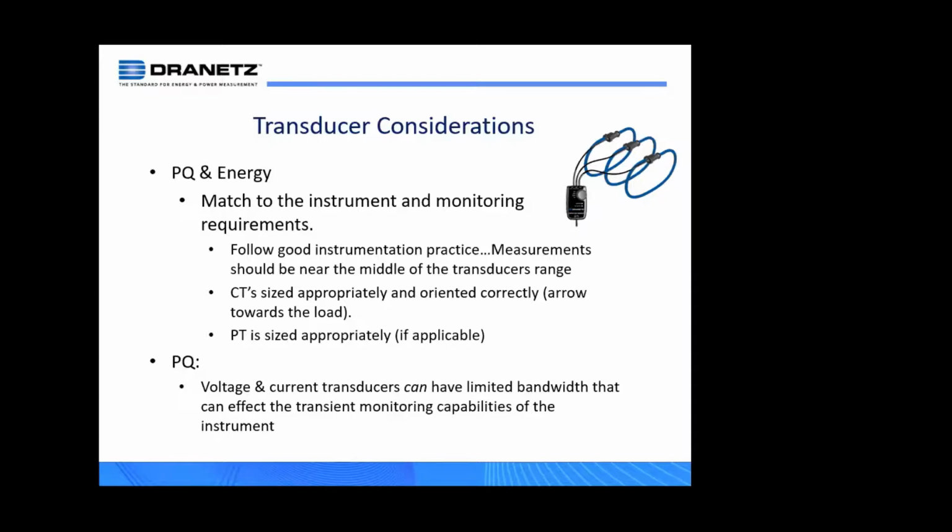In fact, the rule of thumb that you would use, and what our instruments do, in particular Adranus instruments, to identify whether you're under range, as far as whether the current probe is too big for the measured current, is the 10% rule. What the 10% rule is simply: if my current probe or my CT is rated 100 amps, for example, then anything less than 10 amps, the instrumentation is going to see as under range.